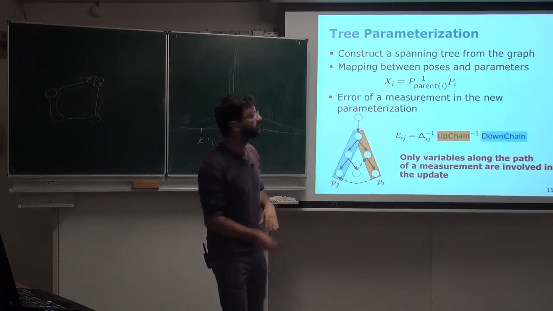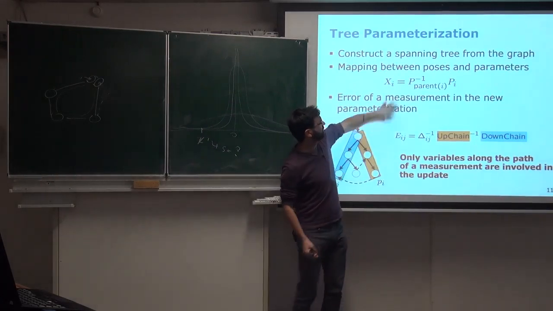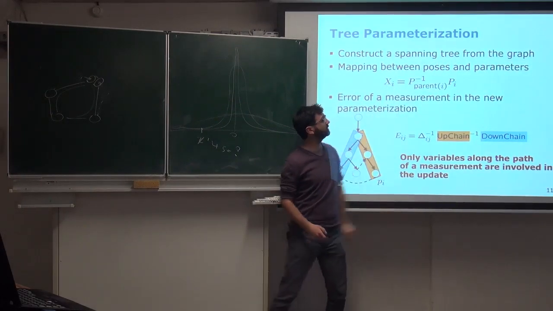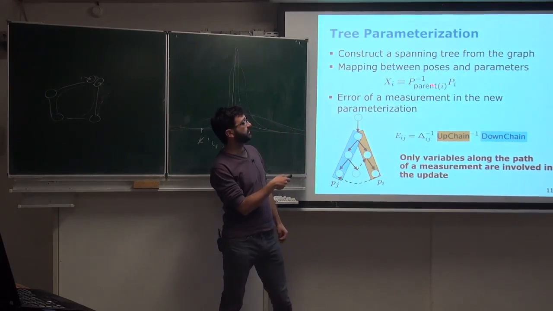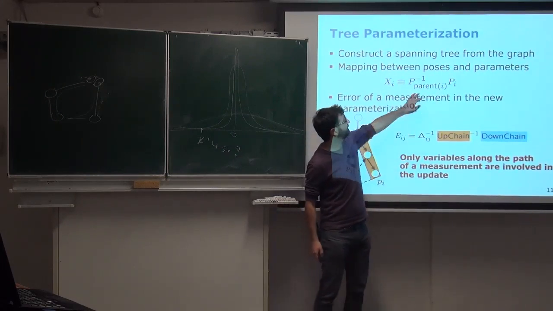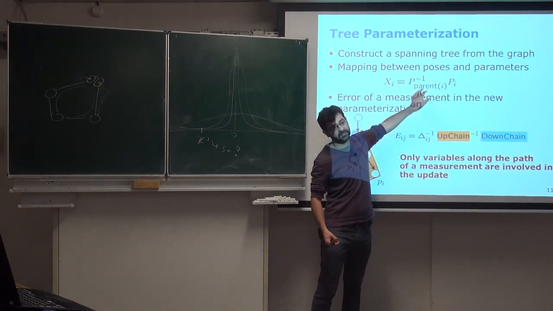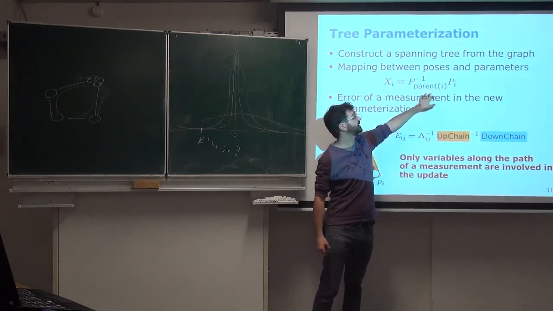Once you have this tree, you can parameterize it in this way, in the second parameterization introduced by Grisetti et al. The idea here is that instead of doing the algebraic mean minus, it does the full transformation minus.